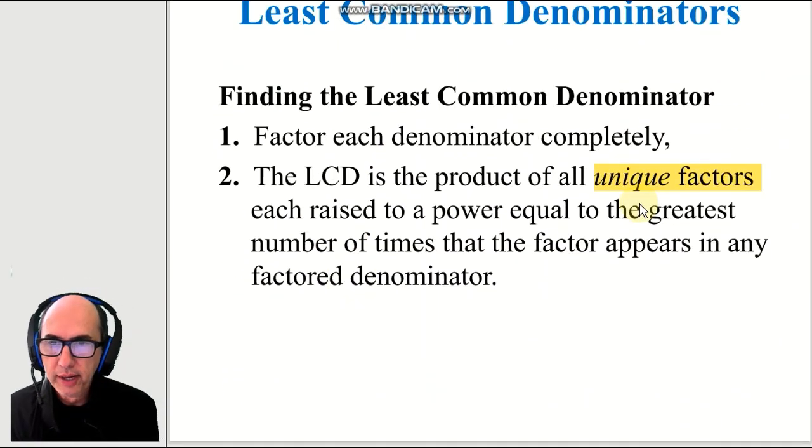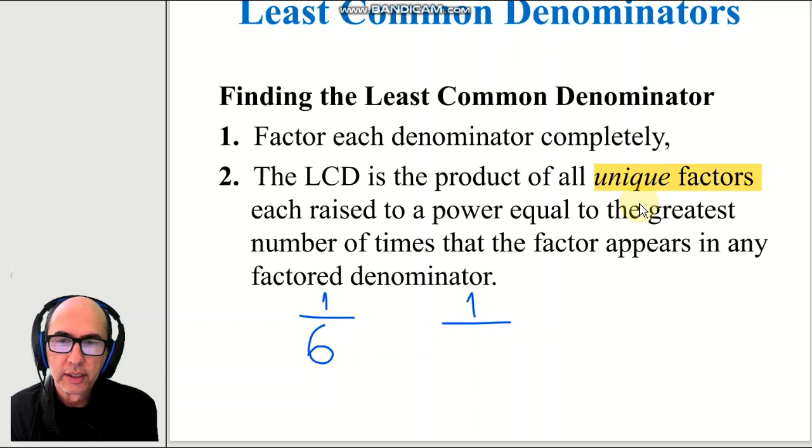When we work with numbers, it's kind of easy because you have, let's say, denominators 1 over 6 and 1 over, let's say, 9. 6 is 2 times 3 if you break down into prime numbers, right? 6, 2 times 3. 9 is 3 times 3.